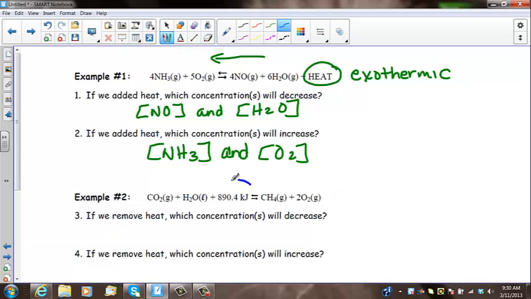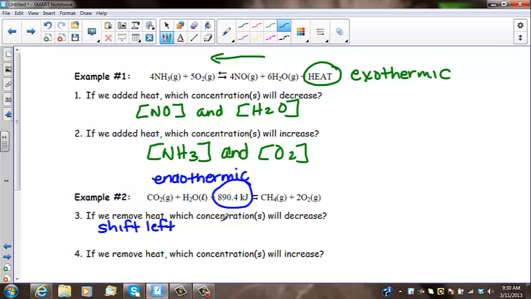In this reaction, our energy is on the left side of the reaction, so this is an endothermic reaction. And if we remove heat, so if I decrease heat, remember that we go toward the decrease, so the reaction will shift to the left. So this is shift left.